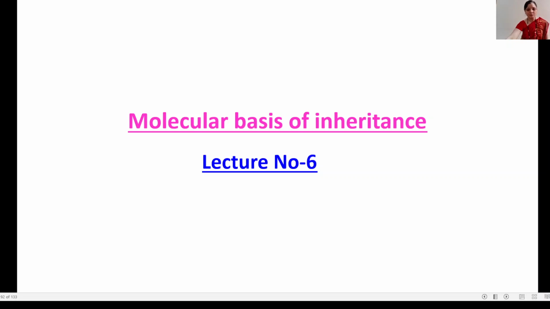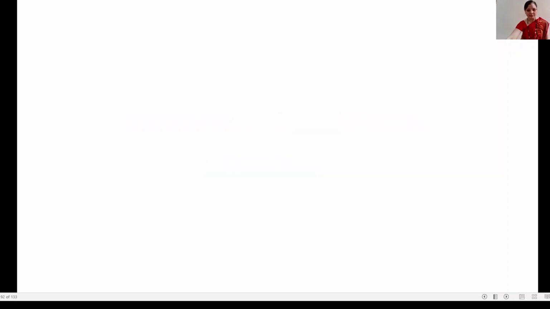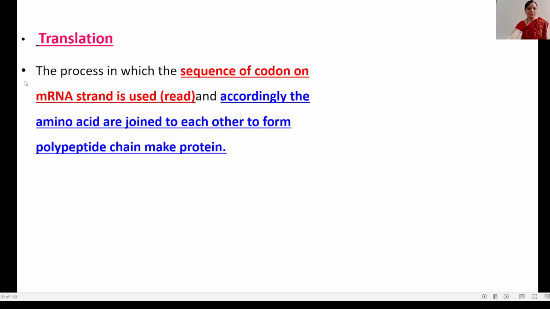Okay, so today in this lecture we learn the important term. This term is known as translation. Translation is the process in which the sequence of codons on the mRNA strand is read, and accordingly the amino acids are joined to each other to form the polypeptide chain for formation of the protein.